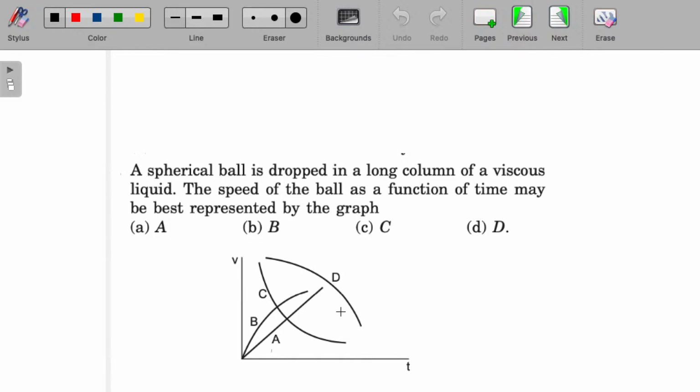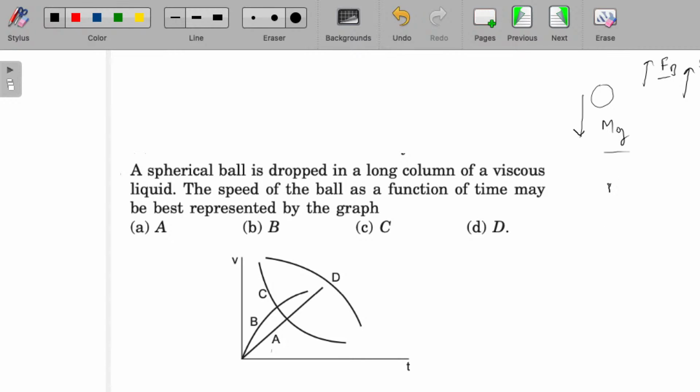To solve this, we need to know what forces are acting on the spherical ball. The forces are mg, the force of buoyancy, and the force of drag fd. The drag force is 6 pi neta rv, or basically a constant k into velocity v, and the force of buoyancy is a constant, and mg is also a constant.